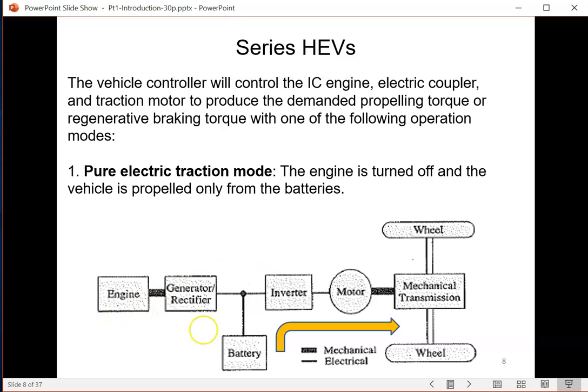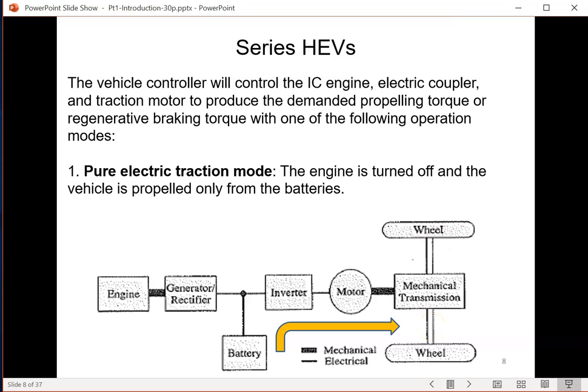Hopefully this gives you a better view or better impression of how the systems are connected. So you have the engine here, the generator, and then the rectifier. This is where the DC link is, and the DC link connects to the battery, but also connects to the power electronics that controls the motor. The motor drives the mechanical transmission, which in turn drives the two wheels.